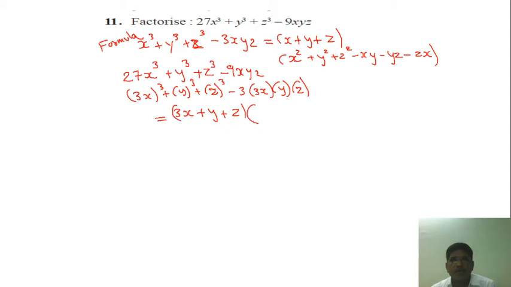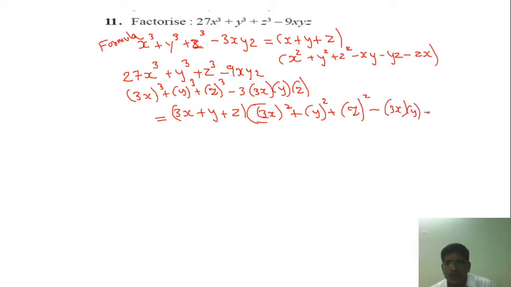So in the second bracket what do I have to write? 3x whole square plus y, that is y as it is square, z is also as it is square. Now x into y, that is 3x into y, minus y into z, that is y into z as it is, minus z into x.